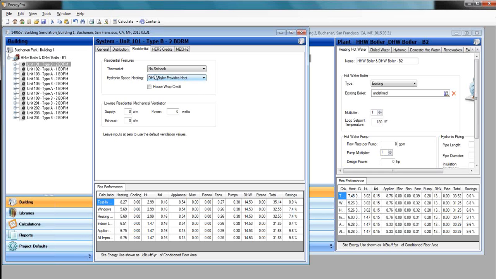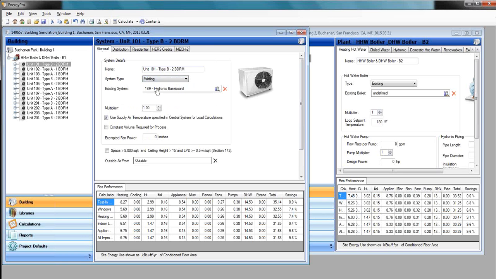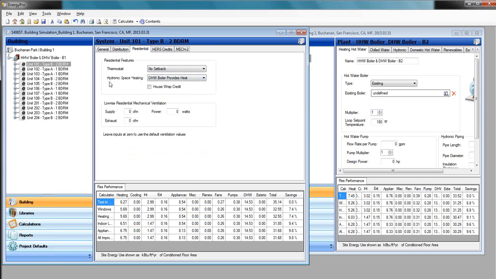So in this case, it was a radiant system, hydronic baseboard. So you have your existing hydronic baseboard in here, and this needs to get its heat source from somewhere, so that's where you're telling it, over here on the residential tab, hydronic space heating, the domestic hot water boiler is providing space heating.